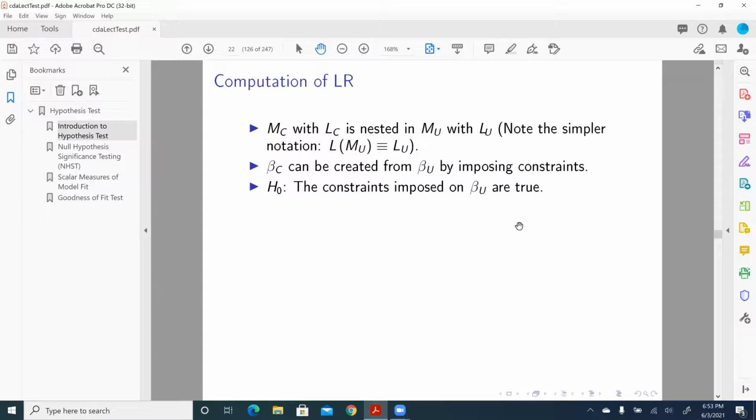So here, the null hypothesis is that the constraints imposed on some or even all of the parameters in the constrained model are true.